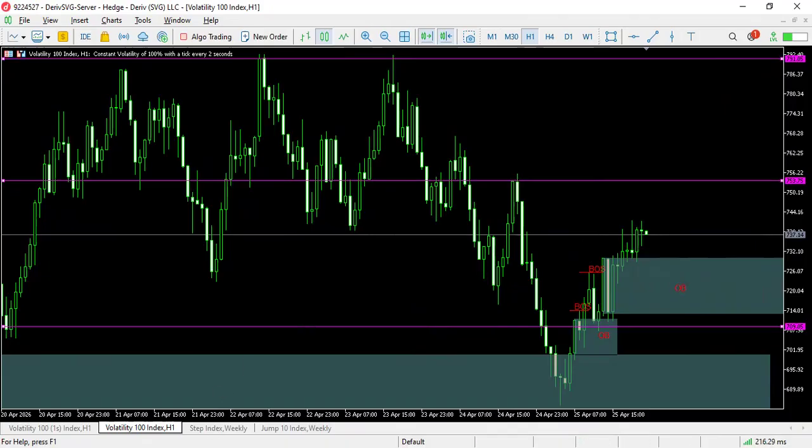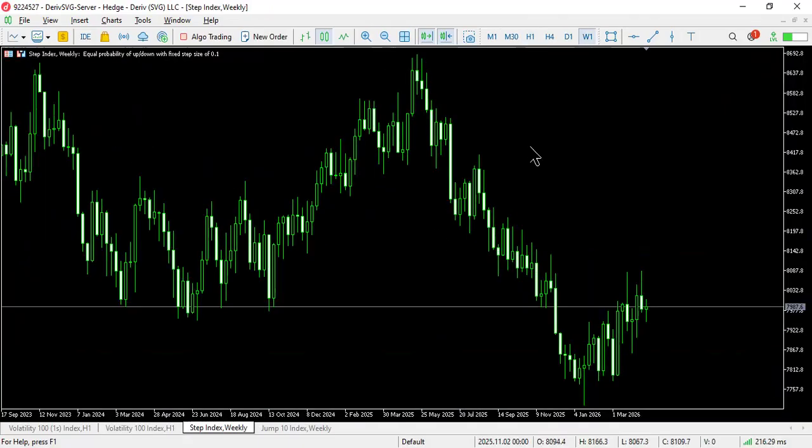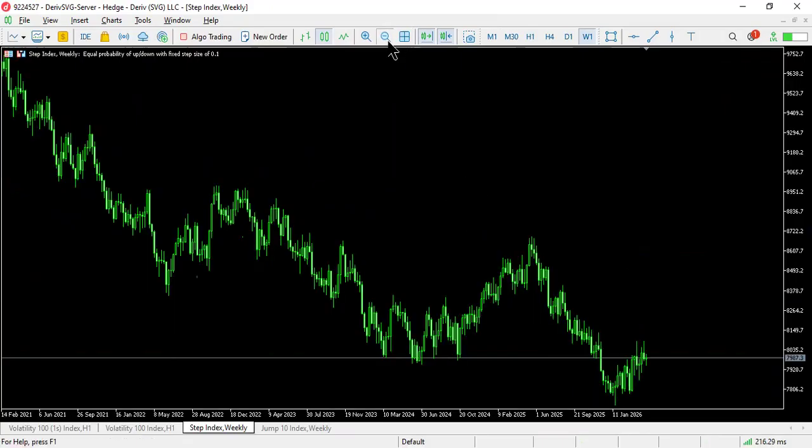And then heading over to step index. If we are to minimize, you can see the trend is a downtrend as we are forming lower lows and lower highs.